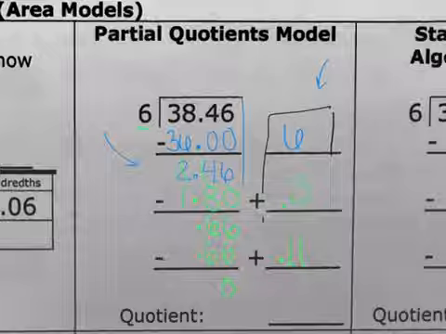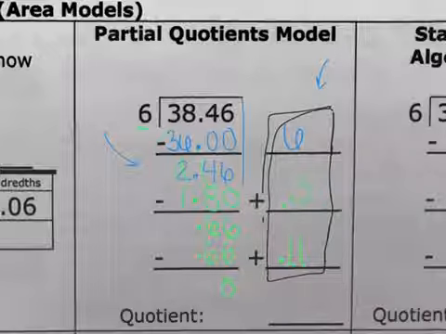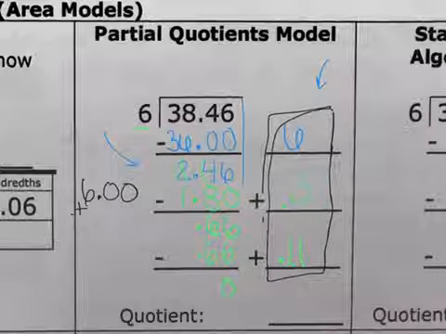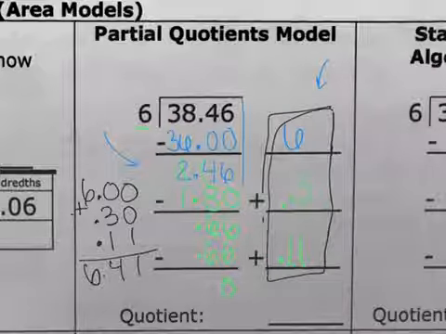My answer is still going to be over here on the side, adding up all my partial quotients. But this time when I line up my partial quotients, I'm going to have 3 tenths and 11 hundredths. I should still get 6 and 41 hundredths.